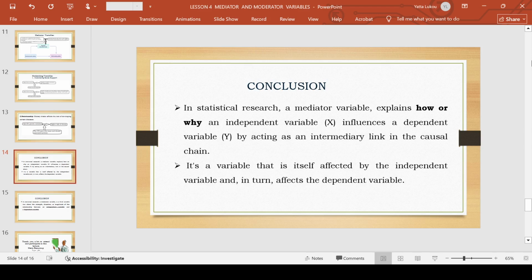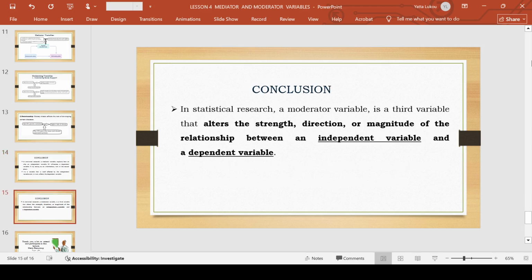This is a variable that is itself affected by the independent variable and in turn affects the dependent variable. Again, a moderator variable is a third variable that alters the strength, direction, or magnitude of the relationship between an independent variable and the dependent variable.